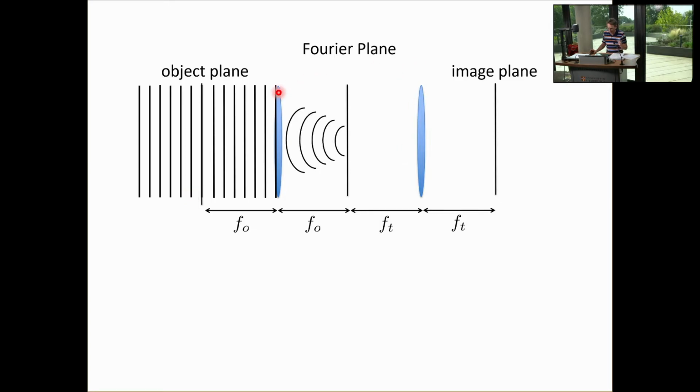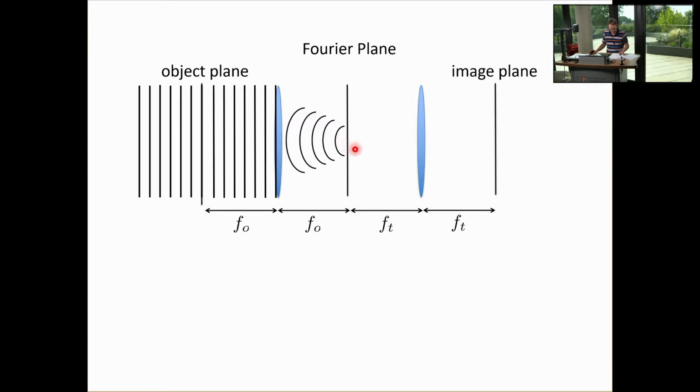The plane wave hitting the objective is now focused down to a point on the Fourier plane. So indeed, the point really just mimics the delta function that we have in the proper Fourier transforms. You can see actually this is a real Fourier transform that you're getting.